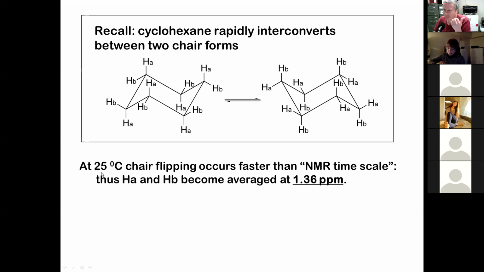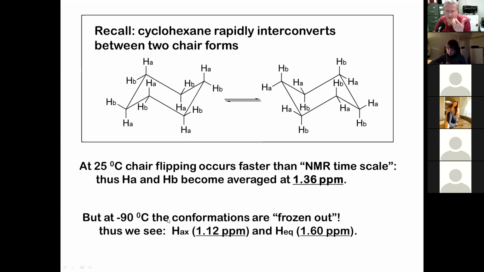Interestingly, at 25 degrees Celsius, room temp, if you take an NMR of this, it's a single peak, okay? That is because these are flipping very, very rapidly back and forth, and there's no difference between the axial and the equatorial signals. If you cool this down, you can do some interesting things.